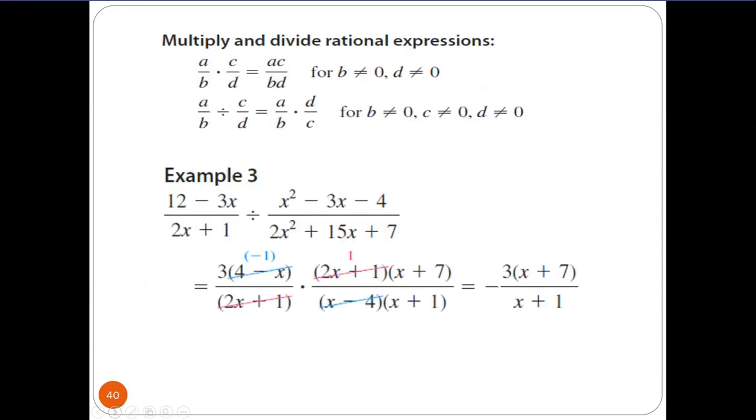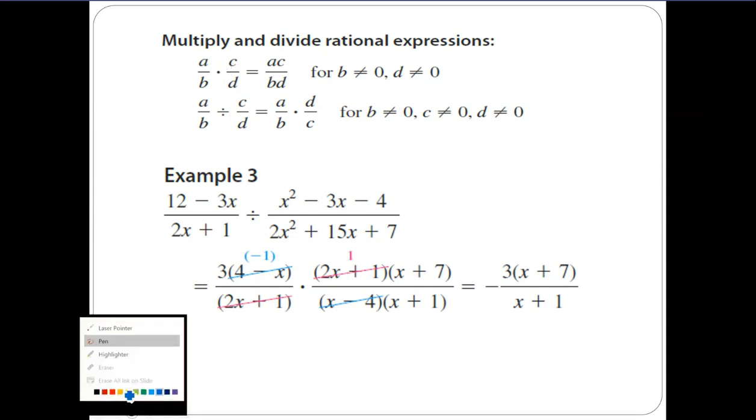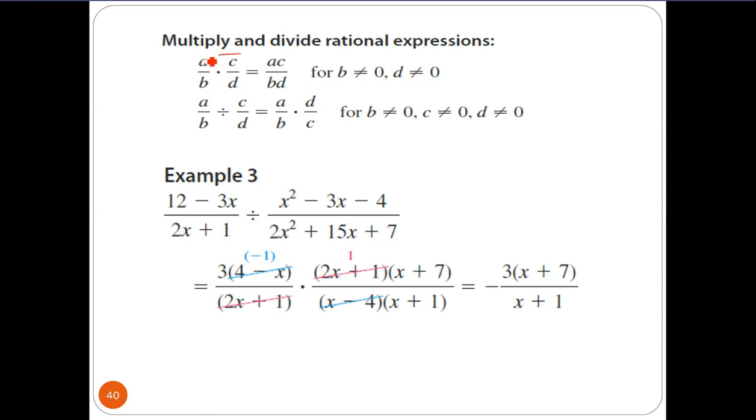If we have multiplication in fractions, just multiply the numerator with numerator and denominator with denominator. Multiply denominators together. Okay? All denominators must be not equal 0, the first and the second denominators.